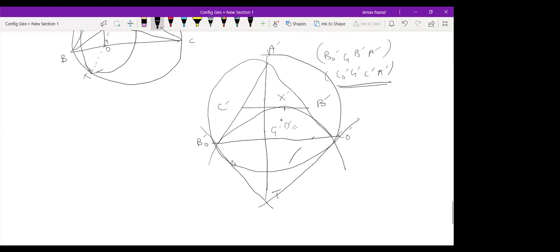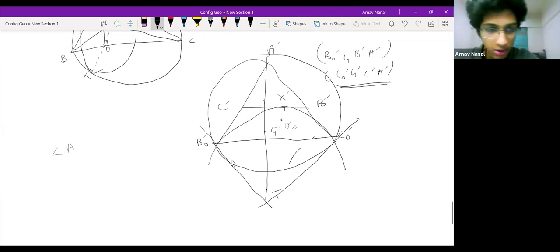Yes, because angle AB dash D dash and AC dash D dash is 90, and C dash and B dash are the midpoints of AB naught dash and AC naught dash. So we know that D dash is the antipode of A. So D dash C dash, D dash B dash are perpendicular to A dash B naught dash and A dash C naught dash, and they are the perpendicular bisectors.